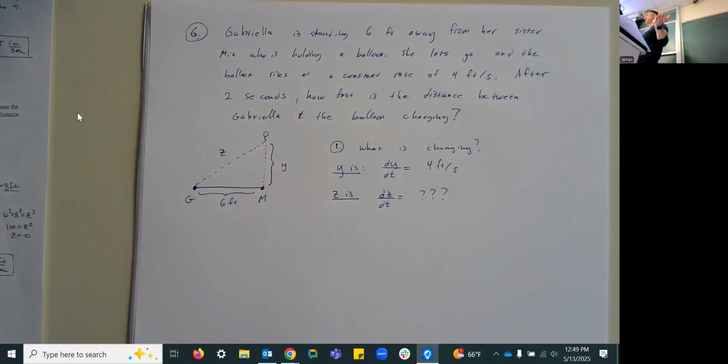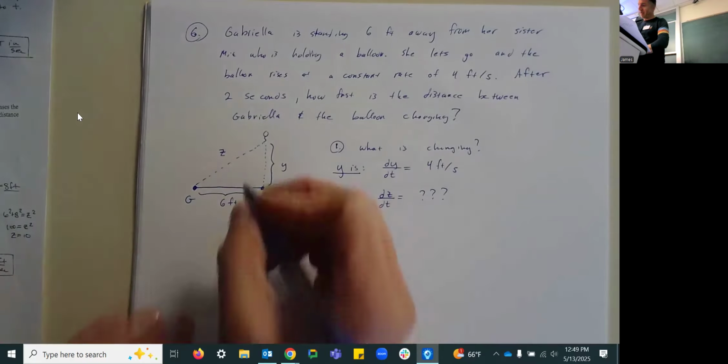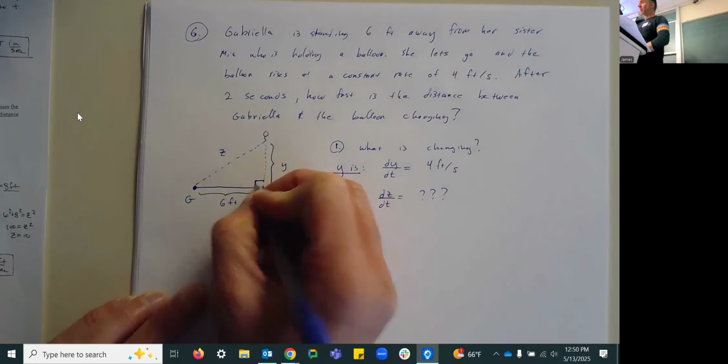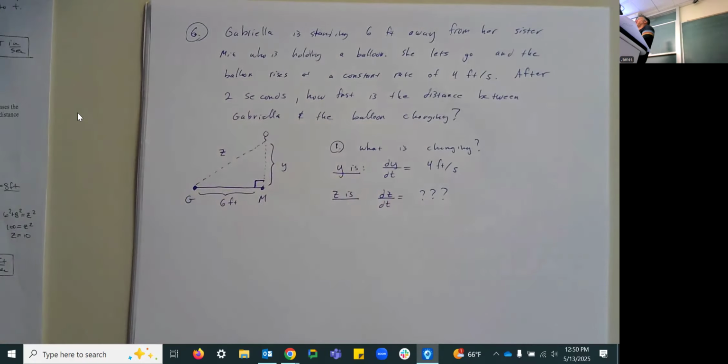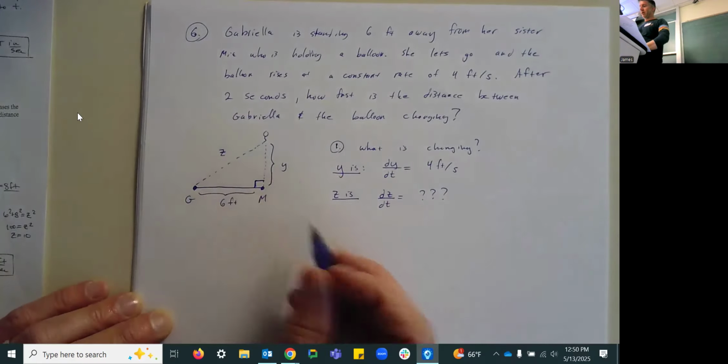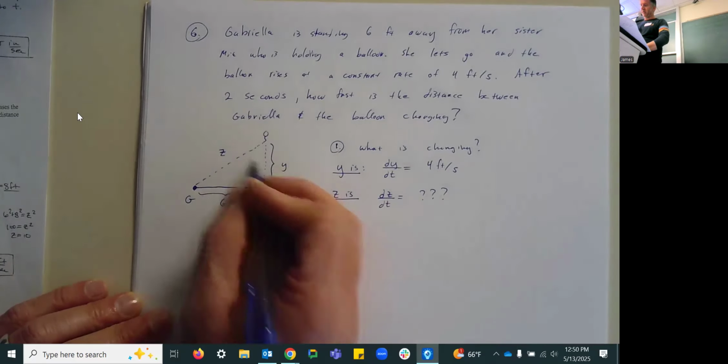And this is where the geometry comes into play. Here I see a right triangle. When I see a right triangle, it's almost always going to be either some sort of similar triangle thing or some sort of Pythagorean theorem thing. And it is the Pythagorean theorem. We can definitely relate z and y by saying that this squared plus that squared equals that squared.